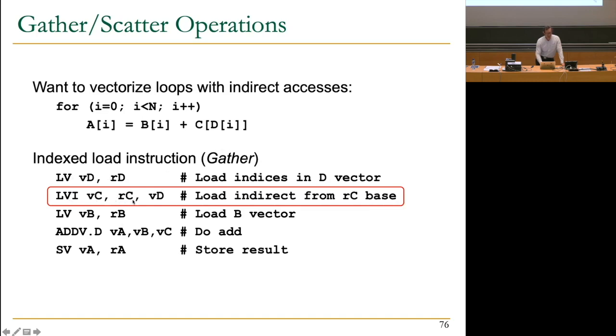What this instruction will do is, here you have a vector of indices that are specified by D, and then we do a load indirect where you take RC and add the index to it, for each element of this vector, and then load it into consecutive elements of vector C over here, okay? And then you can actually do the rest. The rest is easier, of course. The rest is what we have seen. This is the different part, basically. You need to load the indices, and then you do a load indirect.